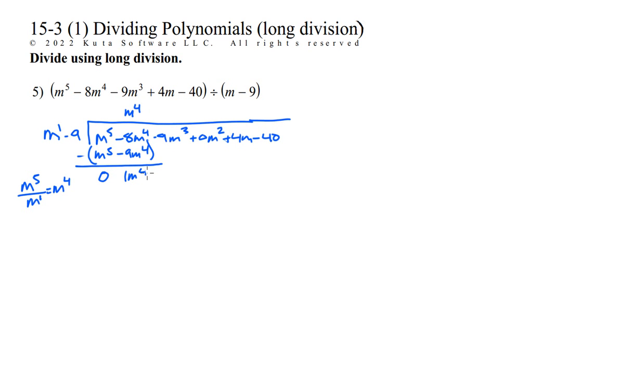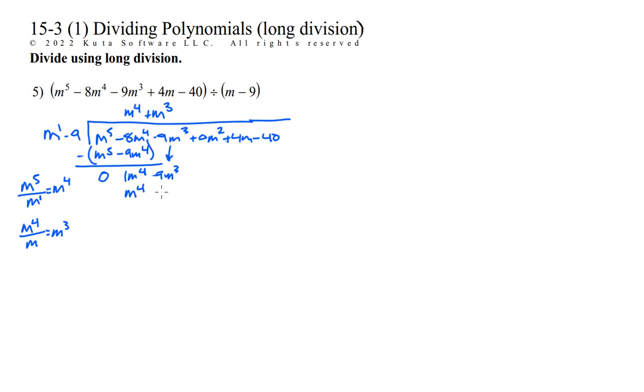Okay, and then we bring down our negative 9m cubed. Okay, and then we're going to take our m to the fourth over m, which gives us m cubed. So plus m cubed, and we go m cubed times m to the first is m to the fourth.